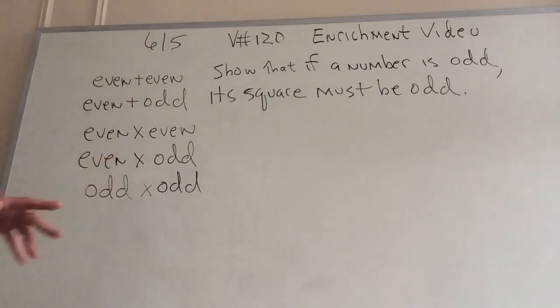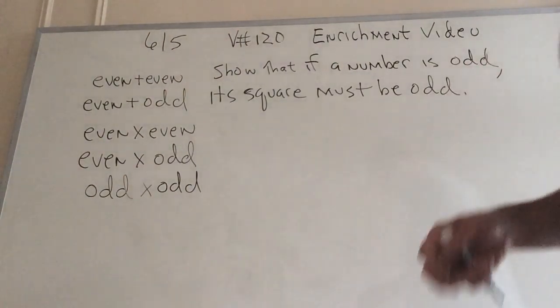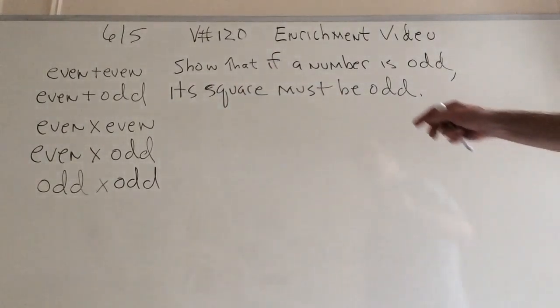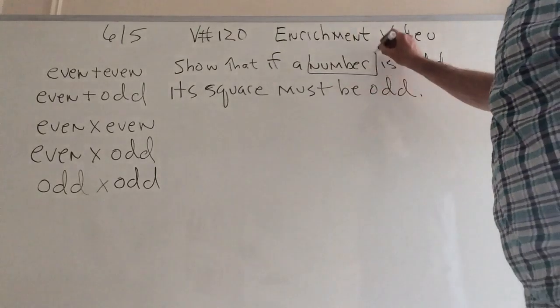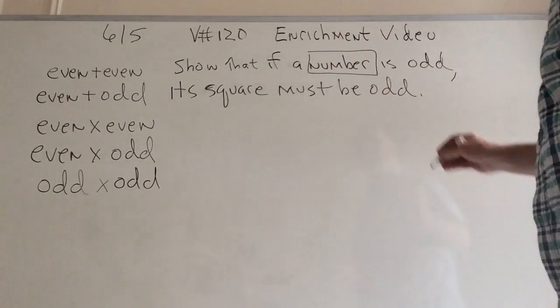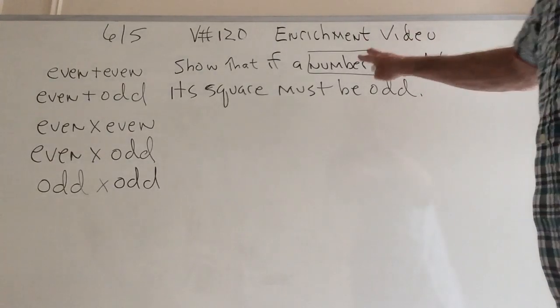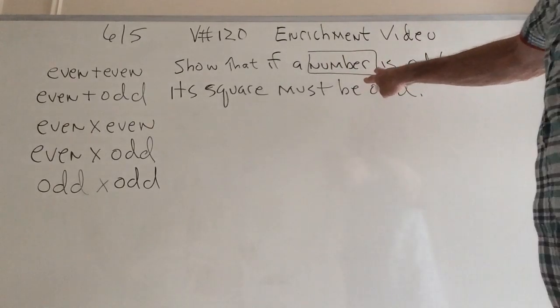Well, what do we mean by number? Okay, so I'll go over here and I'll move this slightly over. We'll get to the other side in a second. And what do we mean by a number? Well, we're going to call a number any integer that's positive. Okay? So in math, it becomes very important to define the domain. We talked a little bit about that.